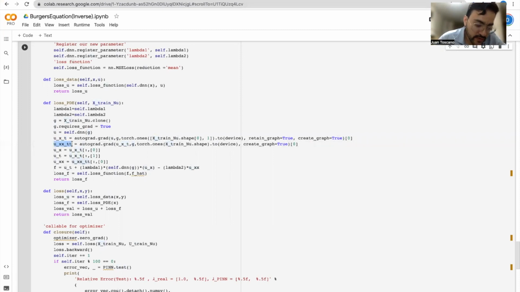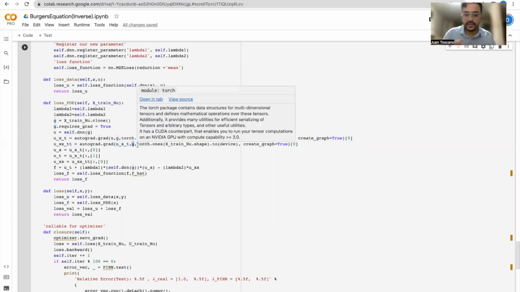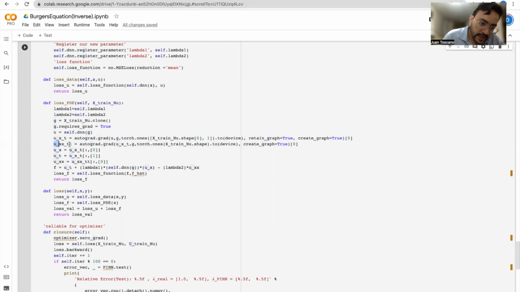The same holds for the second derivatives, but this time we ask it to differentiate the first derivative against g. Once again, it's x and t, so we will have a container with the derivatives with respect to x and t in all of the combinations.